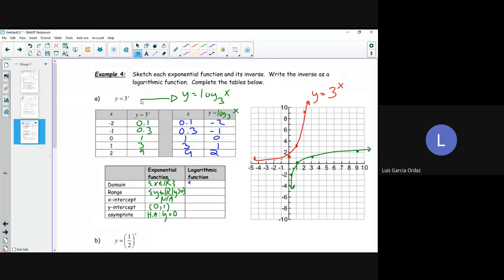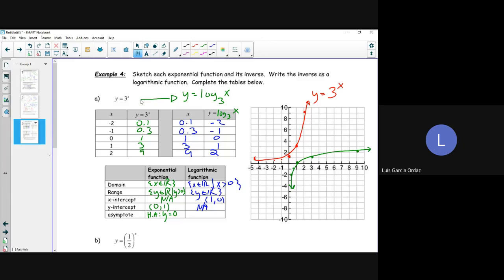So what you're going to notice is the range of the exponential is going to be the domain of the log, and the domain of the exponential is going to be the range of the log function. And also you're going to notice that the log function has an x-intercept at 1 and 0, but it has no y-intercept.